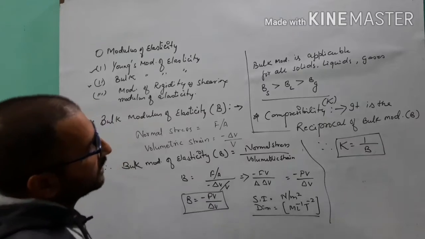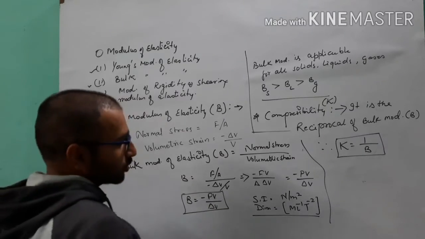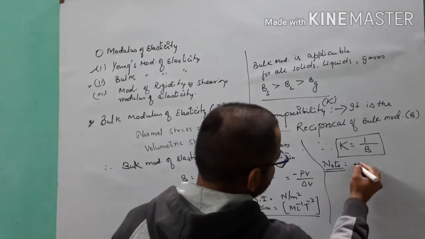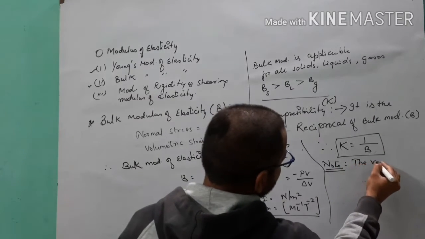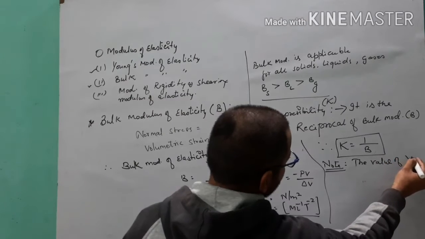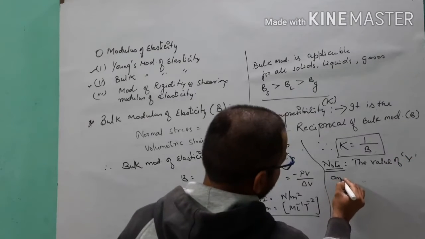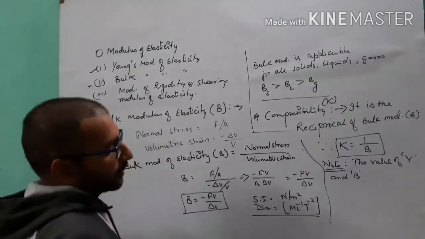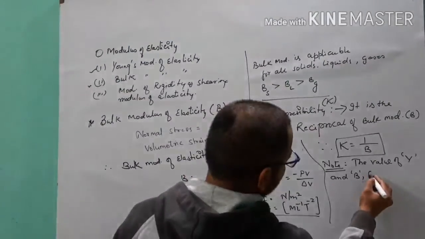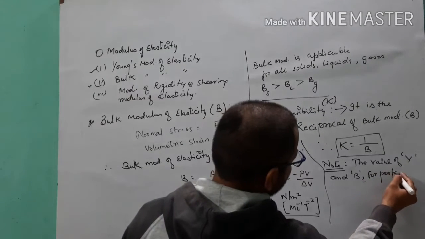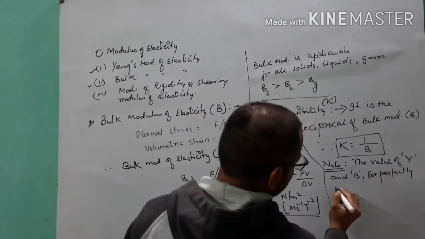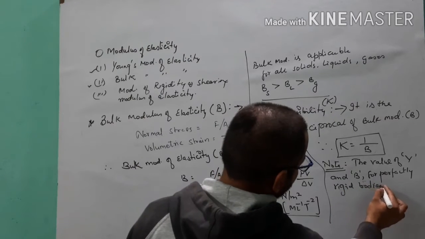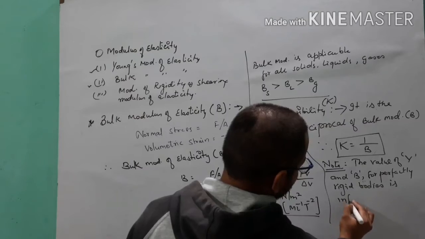Now after that we can write one more point in front of you. Kindly remember these points. The value of Y and B, meaning Young's modulus of elasticity and bulk modulus of elasticity, for a perfectly rigid body is infinity.